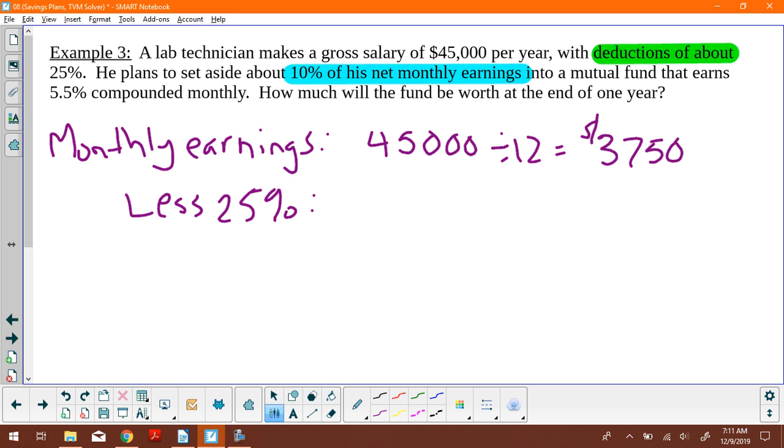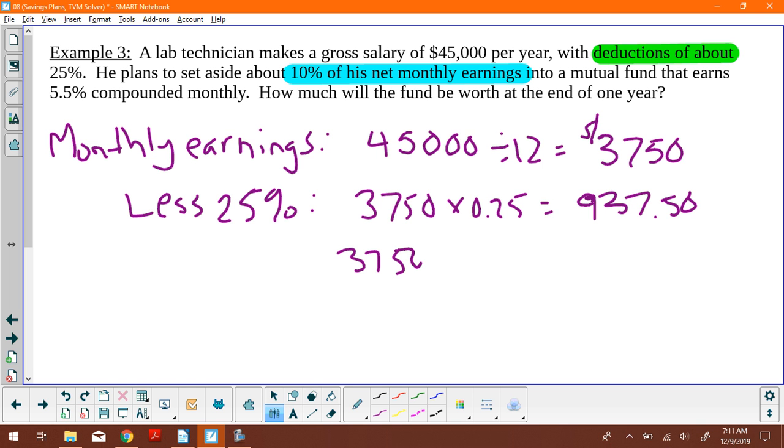Okay, then deductions are 25%, so we've got to figure out what the net is. So there's a couple ways we could do this, right? The first way is to figure out what's 25% of 3,750. Okay, so that is 937.50, and then we have to take that away.